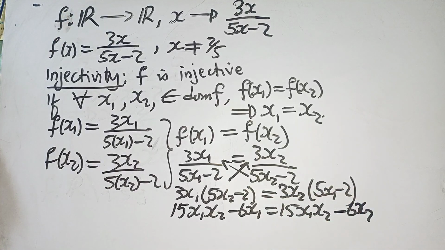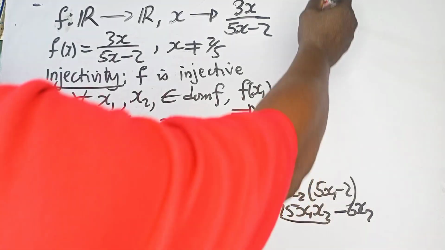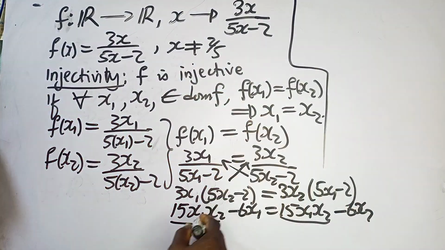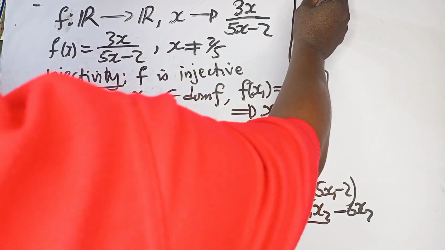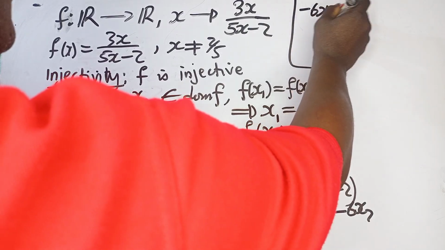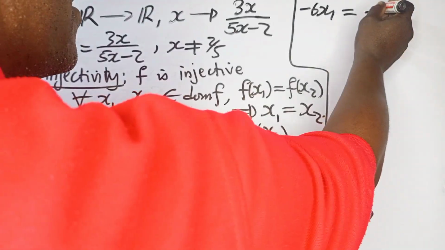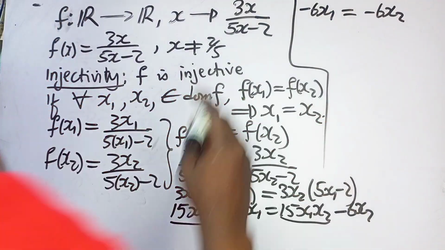So we have 15x1x2 on both sides of the equation, and they cancel out. What are we left with? Negative 6x1 is equal to negative 6x2.